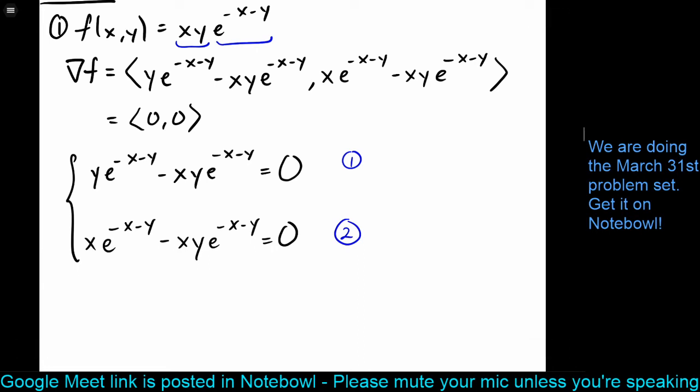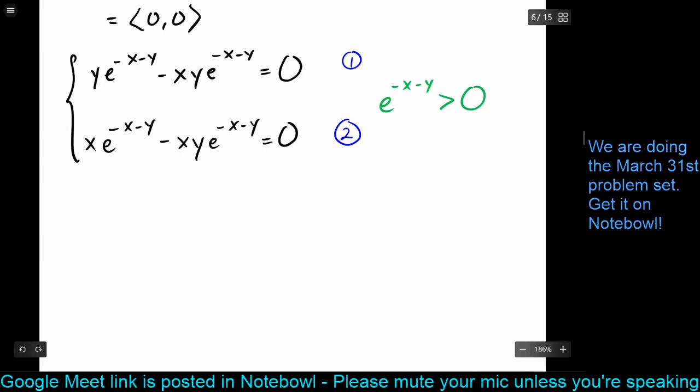Now, one nice thing here is notice every single piece has this e to the minus x minus y. It wouldn't matter if it's positive or negative. All that matters is it's never 0. So what we can do then is just divide by it.